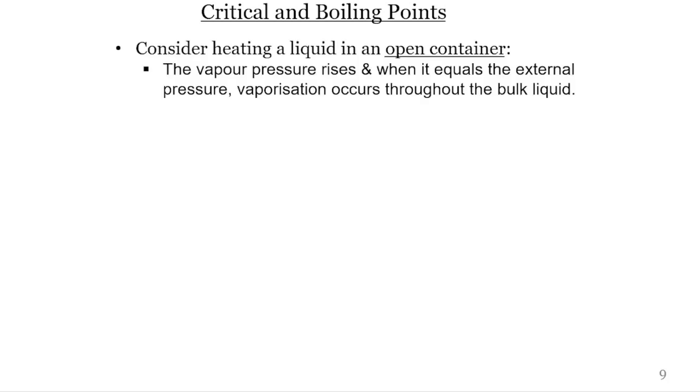So let's define critical and boiling points. Let's assume that a liquid is heated in an open container. The vapor pressure will increase, and when it is equal to the external pressure, the liquid will vaporize.